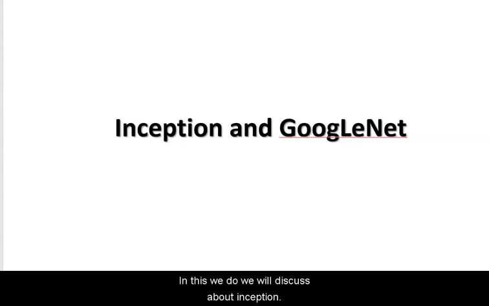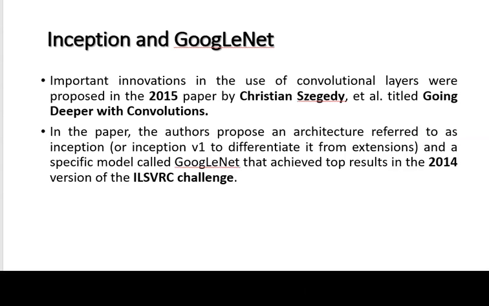In this video, we will discuss Inception Network and a very specific kind of Inception Network called GoogLeNet. The Inception Network was first proposed in 2015 in a paper titled Going Deeper with Convolutions.